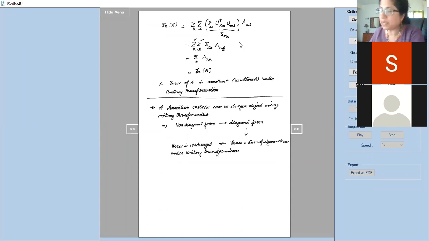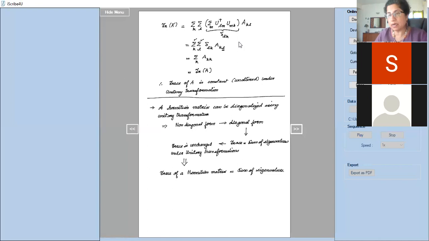And what do all these arguments imply? It implies that the trace of a Hermitian matrix is equal to the sum of eigenvalues.